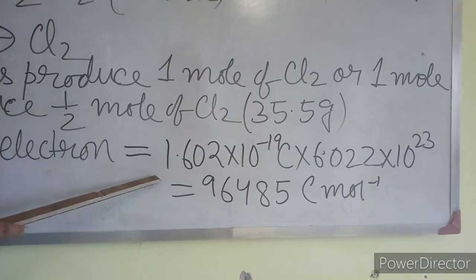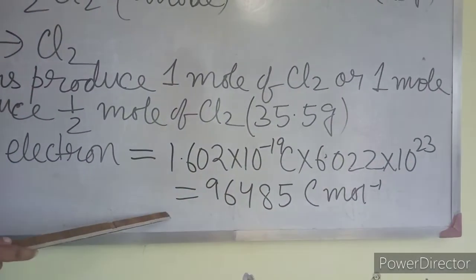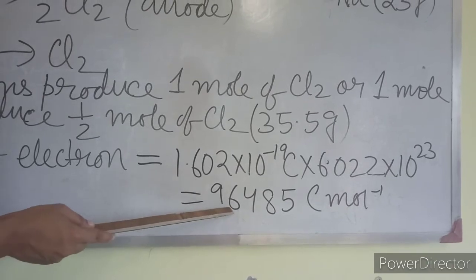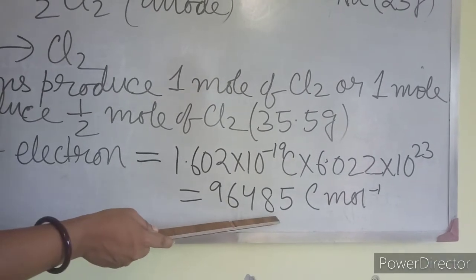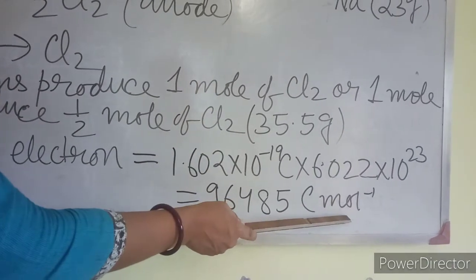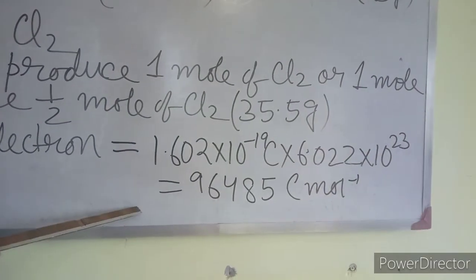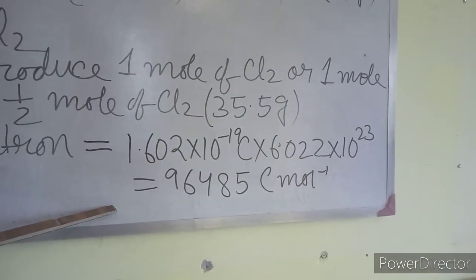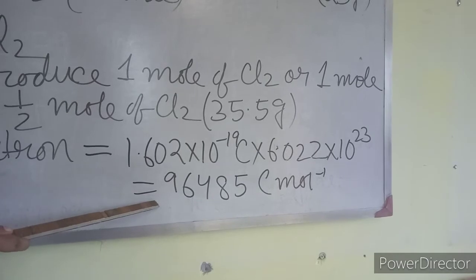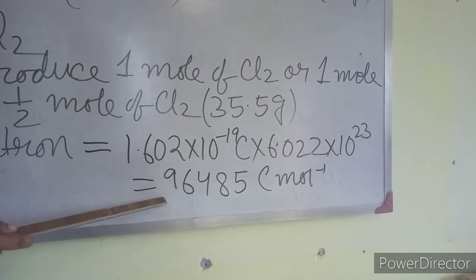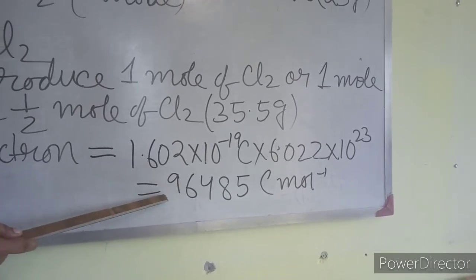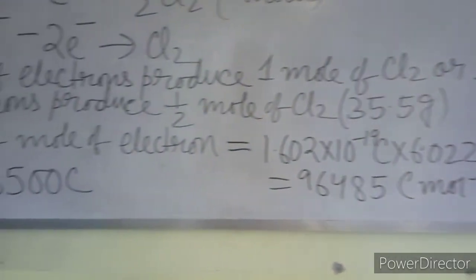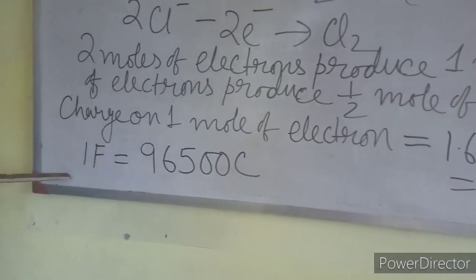If I multiply this, I get 96,485 coulomb per mole. That is the charge of 1 mole of electrons, and this amount is known as 1 Faraday.